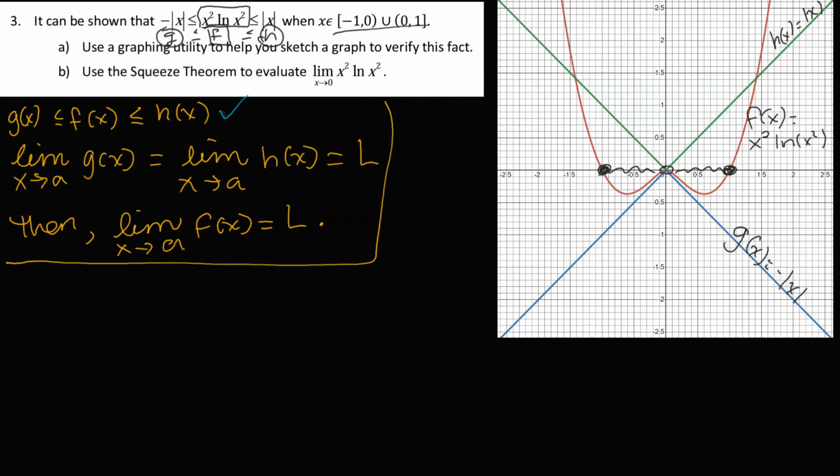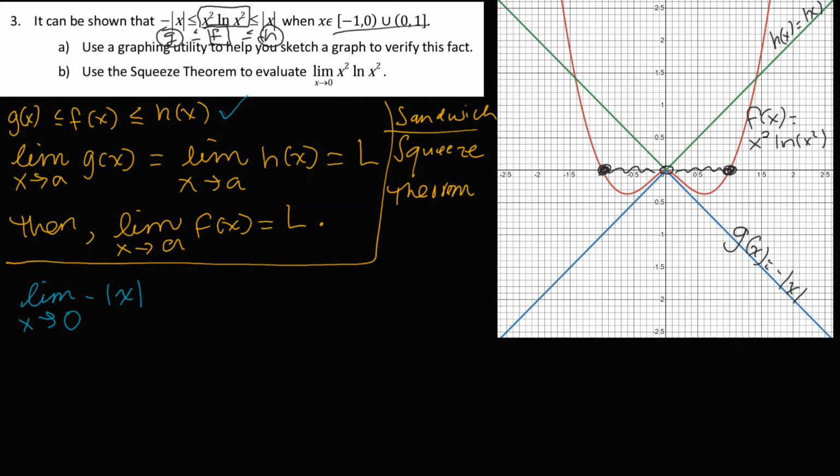Now the next thing that we need to know in order to apply this sandwich or squeeze theorem is to show condition number 2, which is the limit as x goes to 0 of negative absolute value of x.